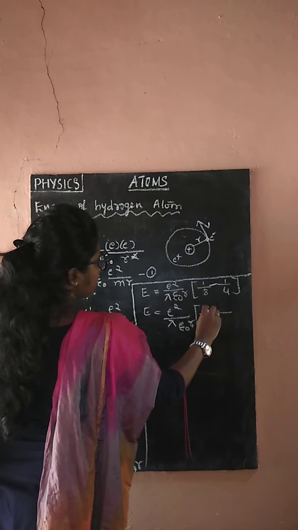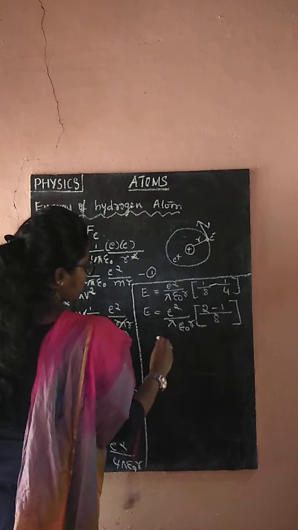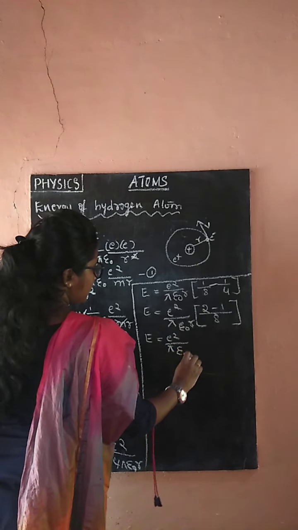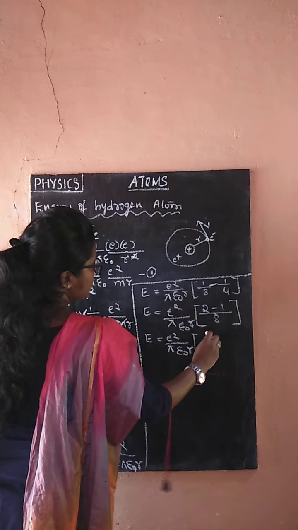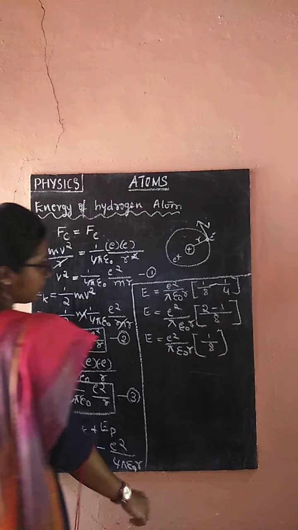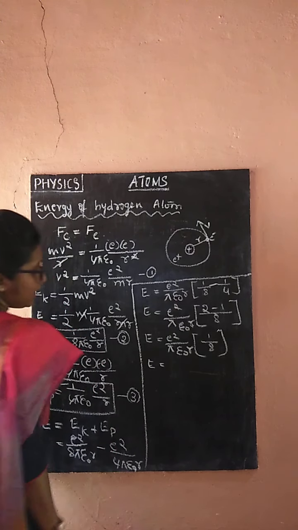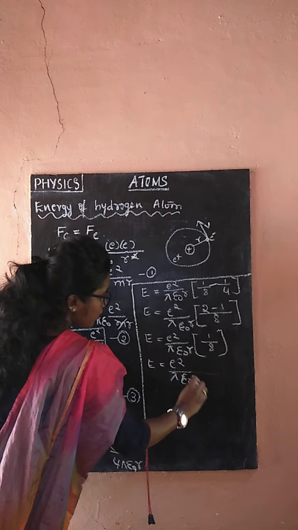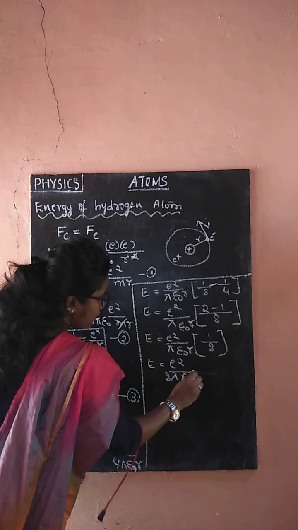So 4 2s are 8 minus 1, 2 minus 1 is 1, 1 by 8 will be remaining. So together I can write E equal to e square by pi epsilon naught R and 8 here.